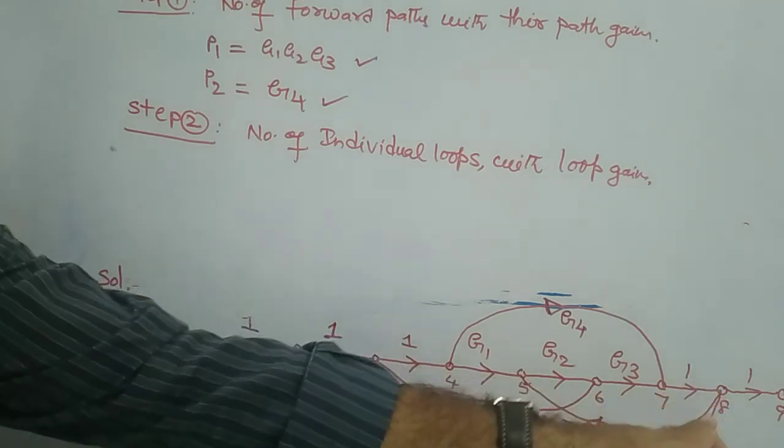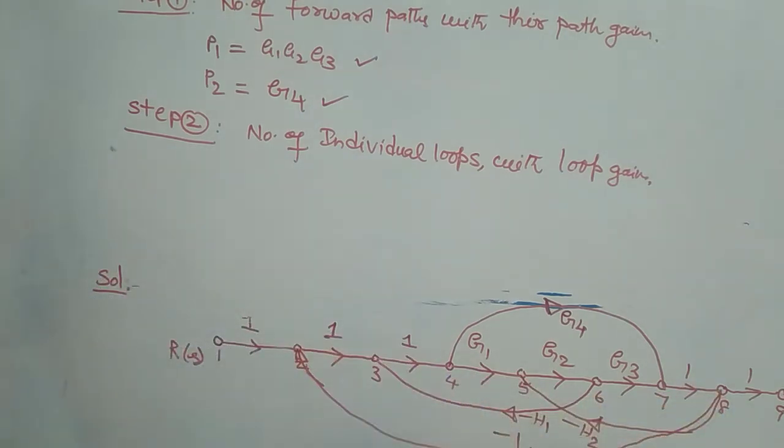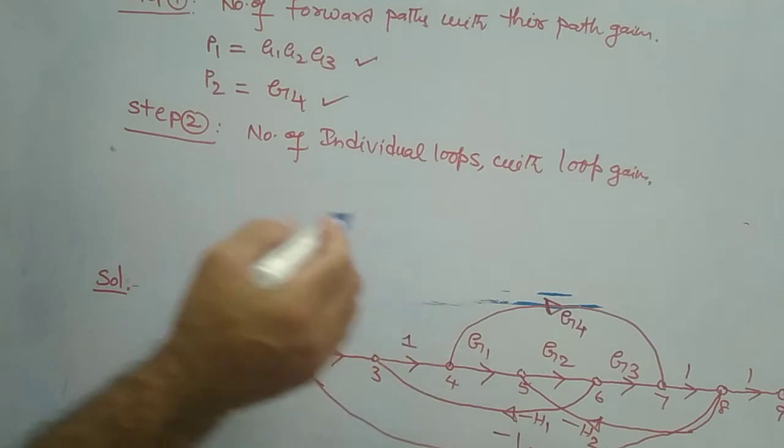Therefore, you can consider it as a loop. Understood? Means that, from this node, the second node, the path is going in forward direction, again forward, forward, forward, up to node 8. From node 8, you have a feedback loop with feedback gain minus 1. Therefore, that is your loop 1.